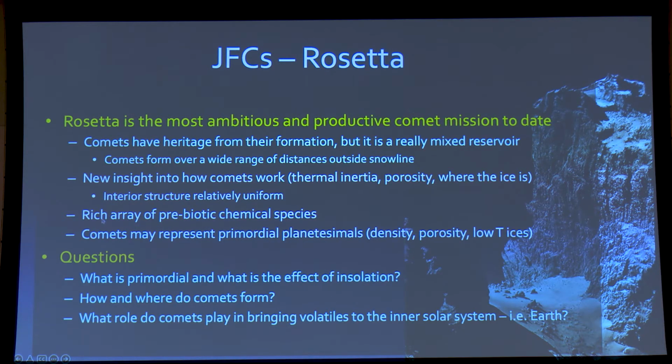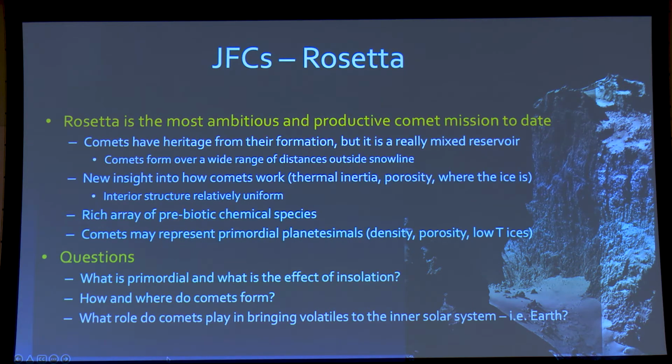We certainly got much better detail of all the chemical species that we're seeing in the outgassing and the measurements from the Rosetta target. We saw a lot of prebiotic materials, which is, of course, interesting from the aspects of the formation of life on Earth. But there were some big questions left after Rosetta.